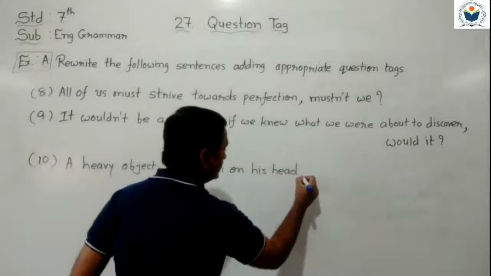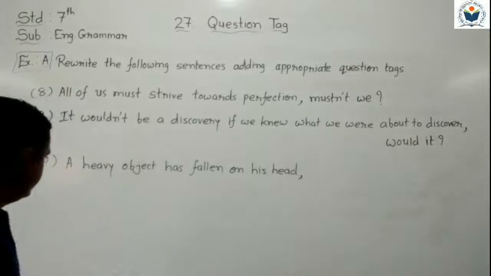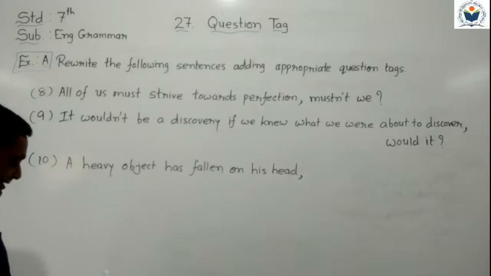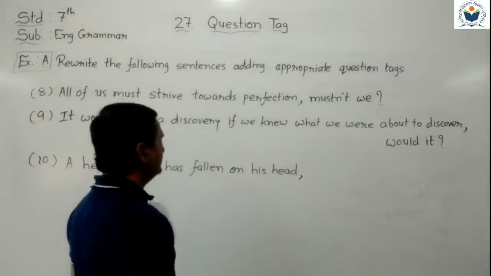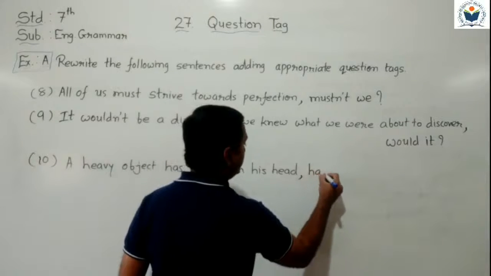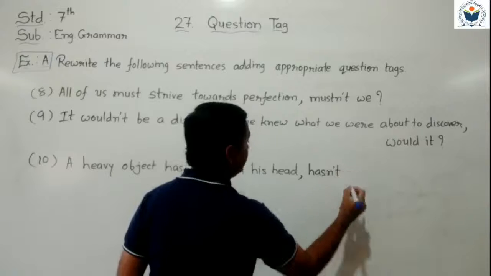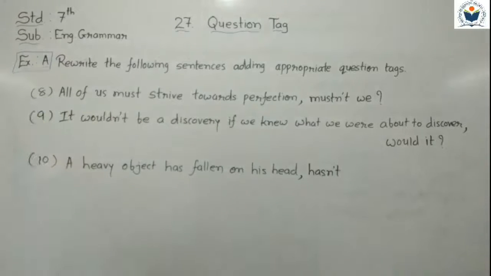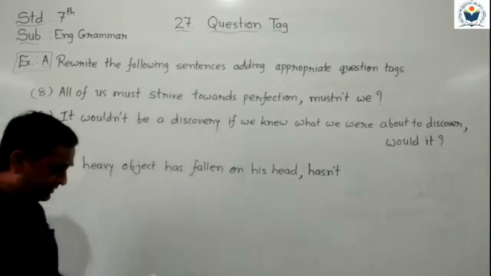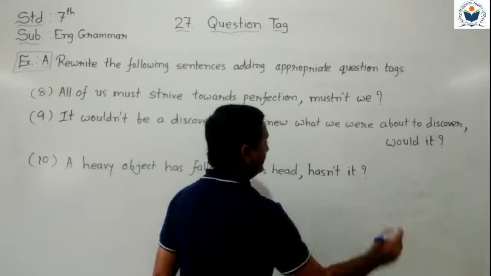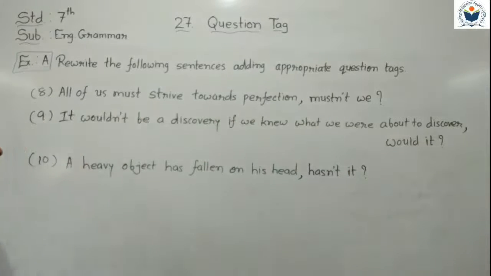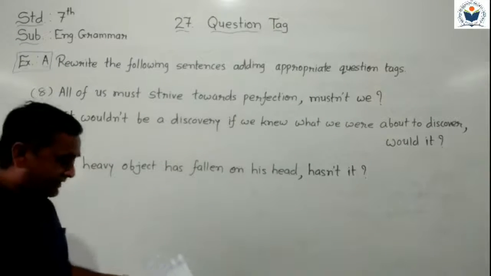After that you have to put a comma. Then we have to think about it. The sentence is given in a positive sense. Has is given here. So what we have to put here? The negative form of has: hasn't. Then we have to put the pronoun. A heavy object. Object means it. So what we have to put here? Hasn't it. Understand student? So here our 10 sentences are over.